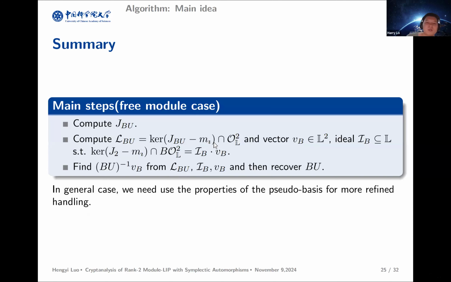To put it simply, the algorithm can be broken down into 3 steps. First, we compute a module lattice automorphism. Then, we use the eigenspaces of this automorphism to identify 2 isomorphic submodule lattices. Finally, we solve the isomorphism problem on these submodule lattices, which allows us to recover the original isomorphism.